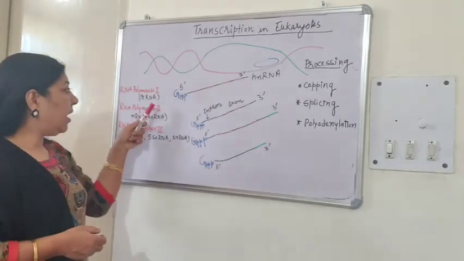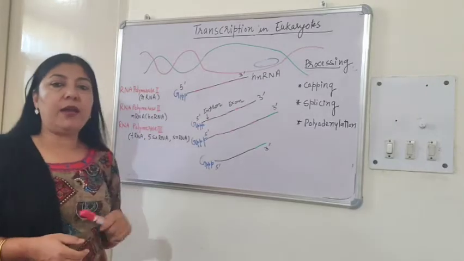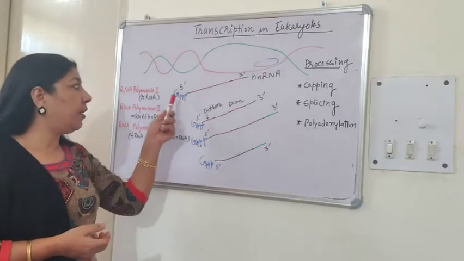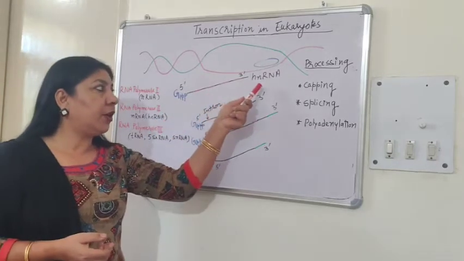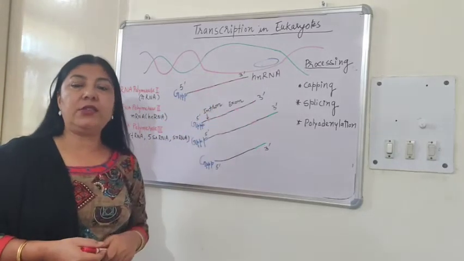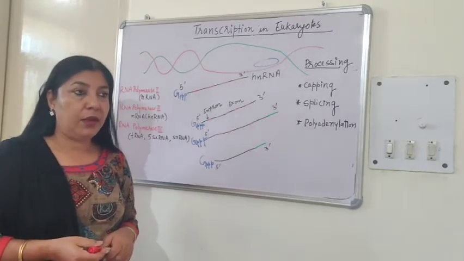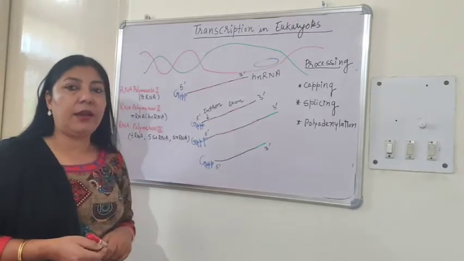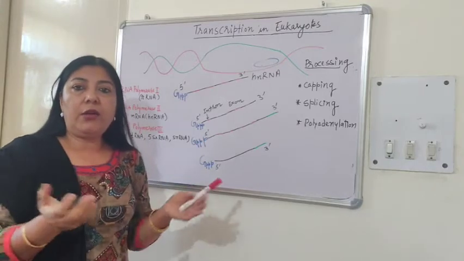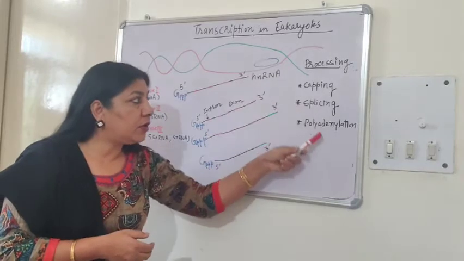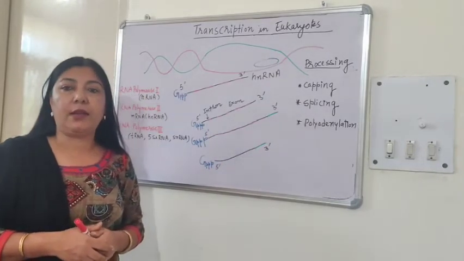Now, we are mainly concerned with mRNA. mRNA is initially transcribed in the form of a transcript which is called hnRNA, heterogeneous nuclear RNA. The hnRNA will not undergo translation unless it undergoes the process of processing.